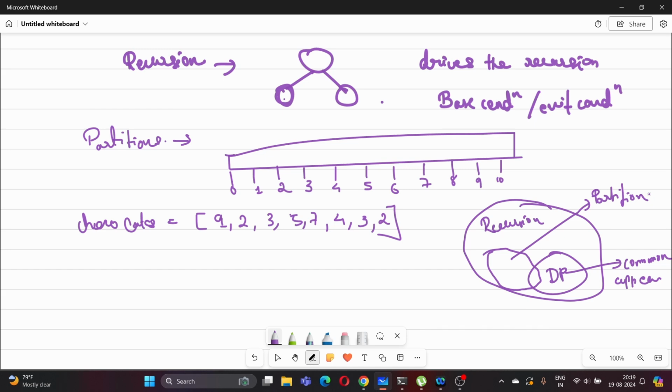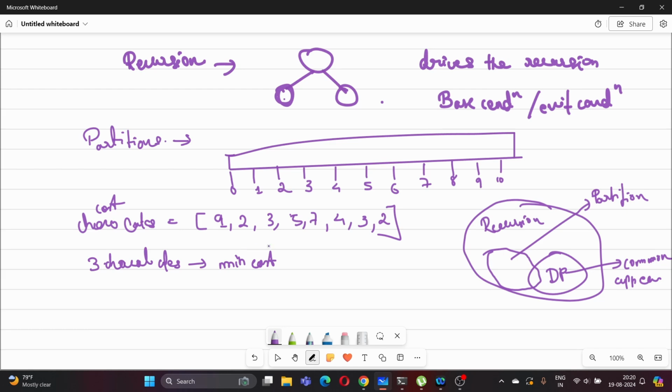Now, what is the basic difference between recursion and partition? In recursion, you would have done questions like, how would you divide these five things? Let's say that I want to take 3 chocolates and I want to take the minimum cost, where this is the chocolate cost.